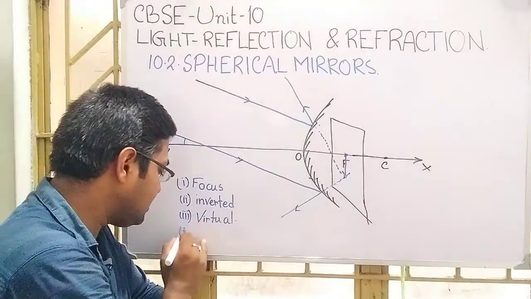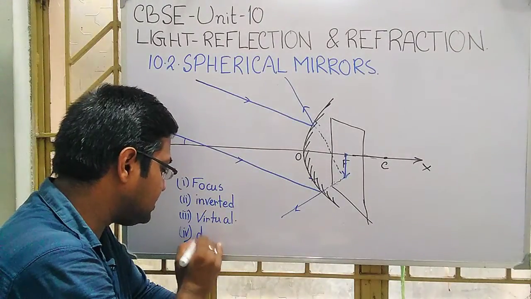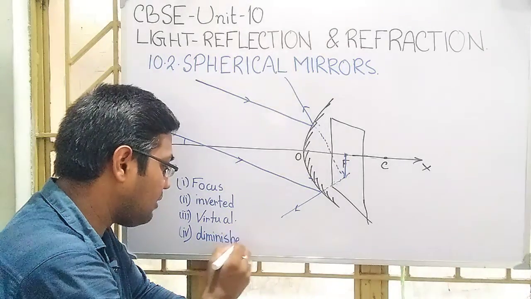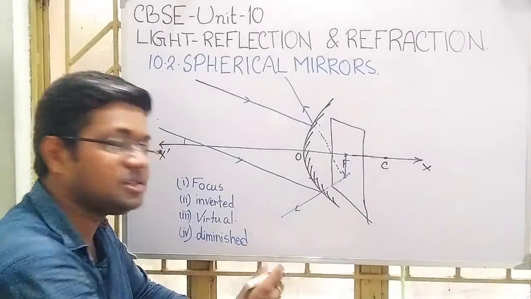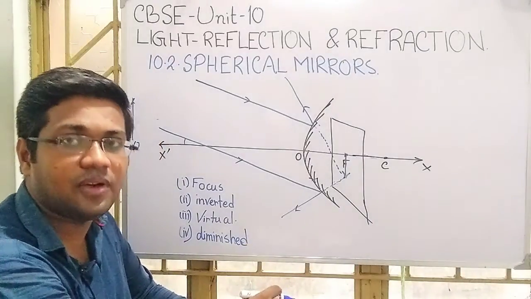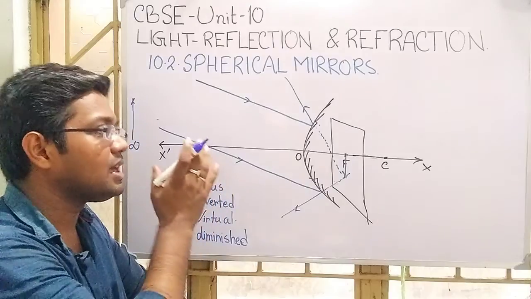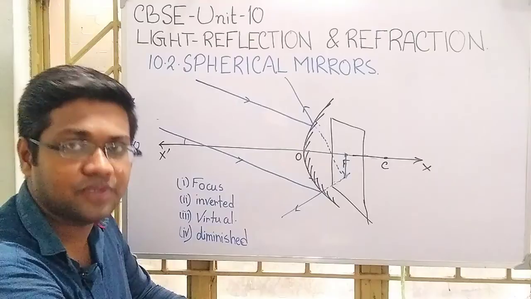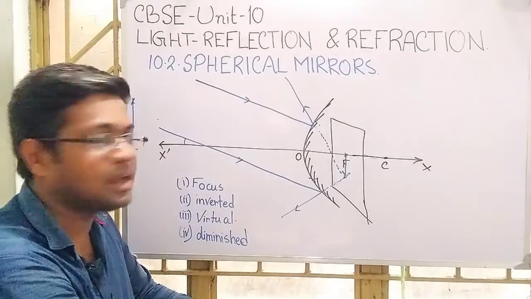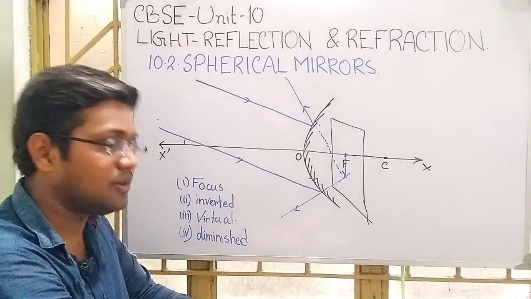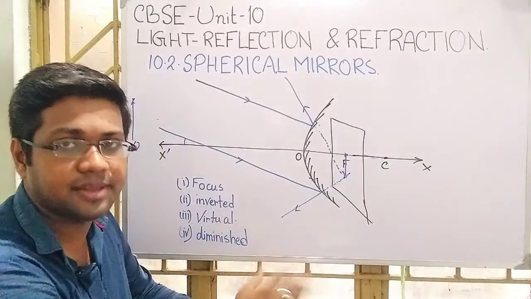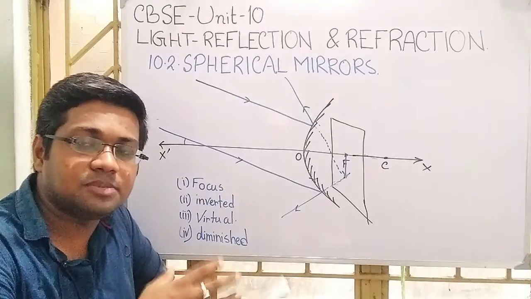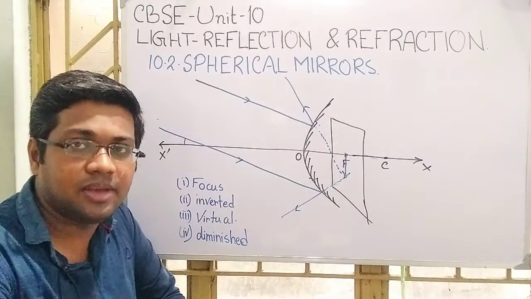You can say the image is diminished, or smaller than the object, or less magnified. So these are the characteristics of the image if the object is placed at infinity in front of a convex mirror.